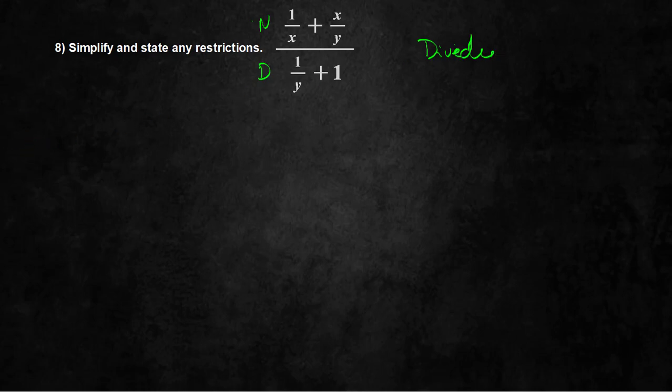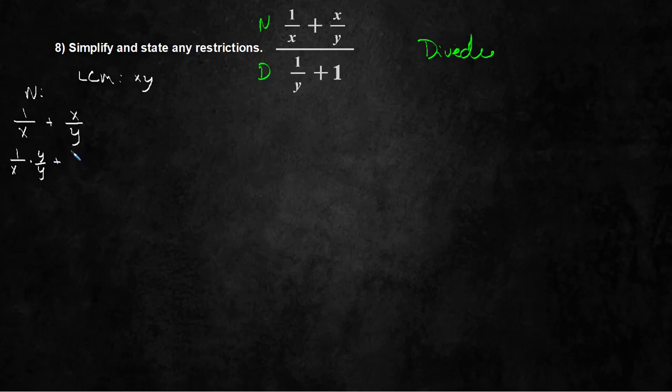And so when we work our numerator, we have 1 over x plus x over y. And so our LCM, since there's just a single term in both of them, we can see that the LCM is going to be xy. It's what is in the denominator on each side. And so that first fraction, I need to rewrite and multiply by y over y.